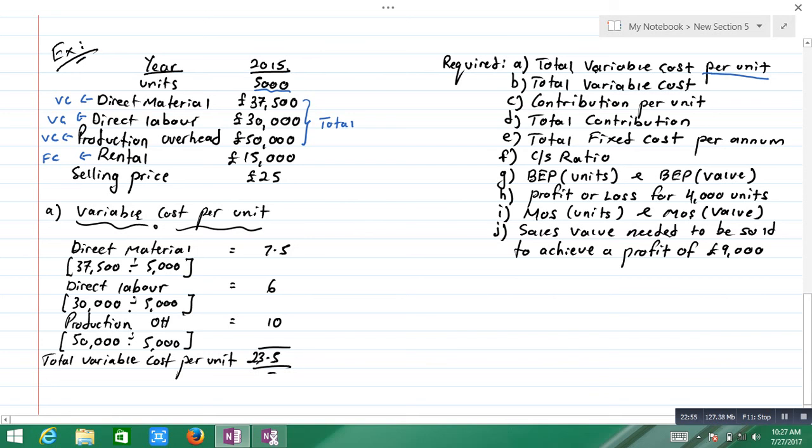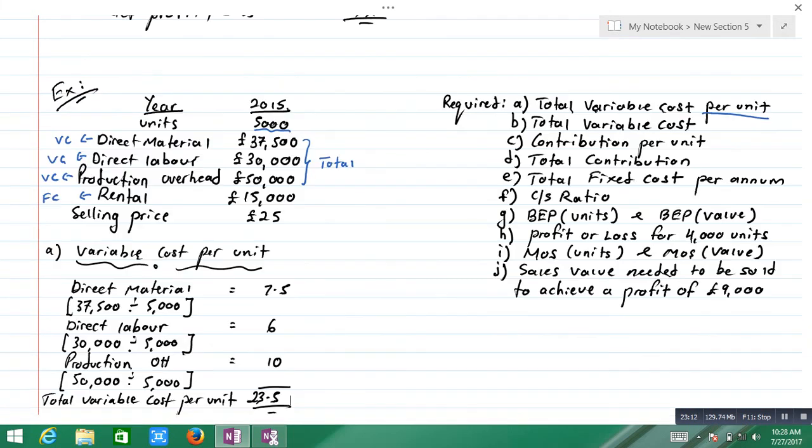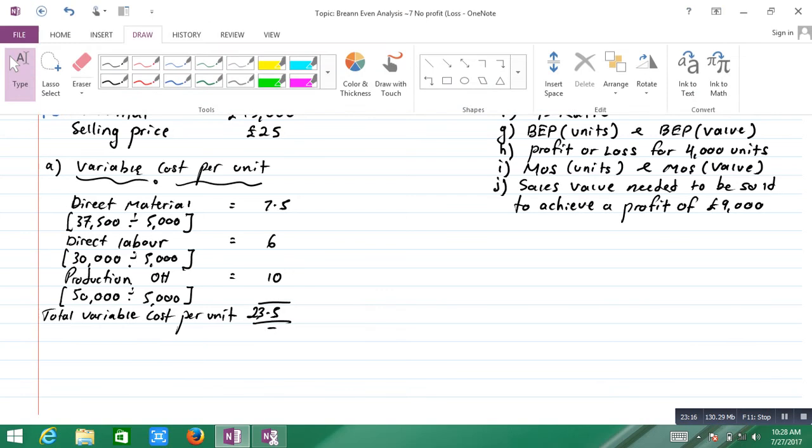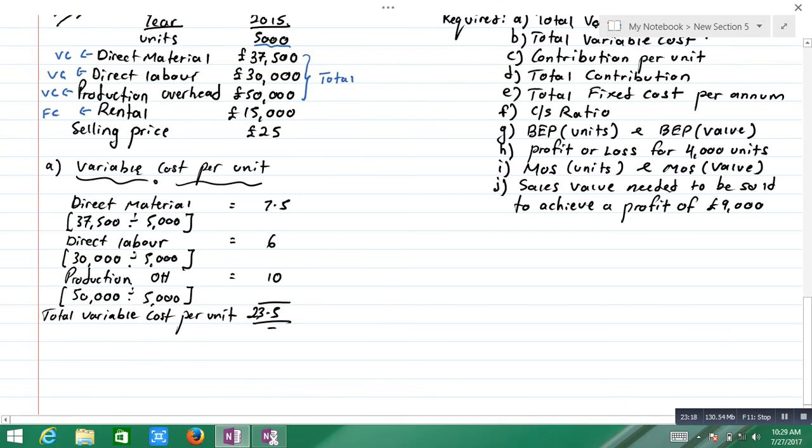Now, next, B. B is they want total variable cost. That's kind of easy work here.